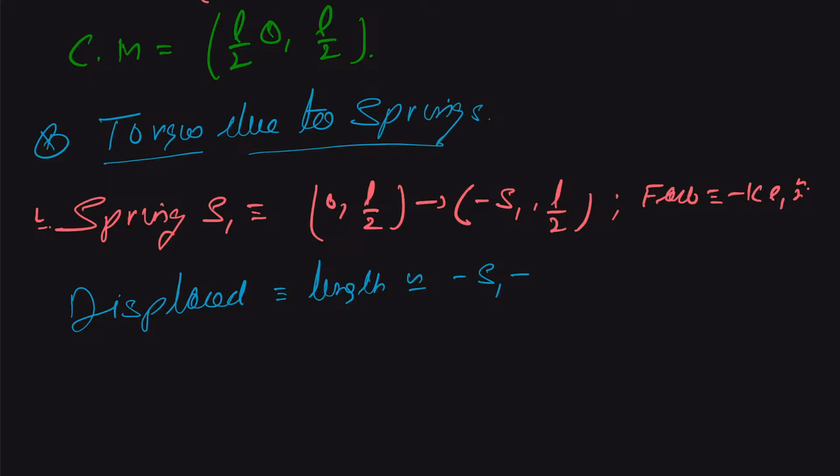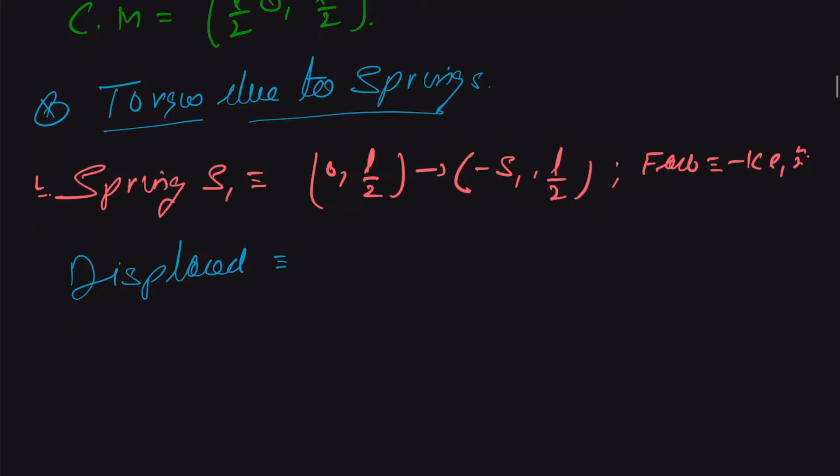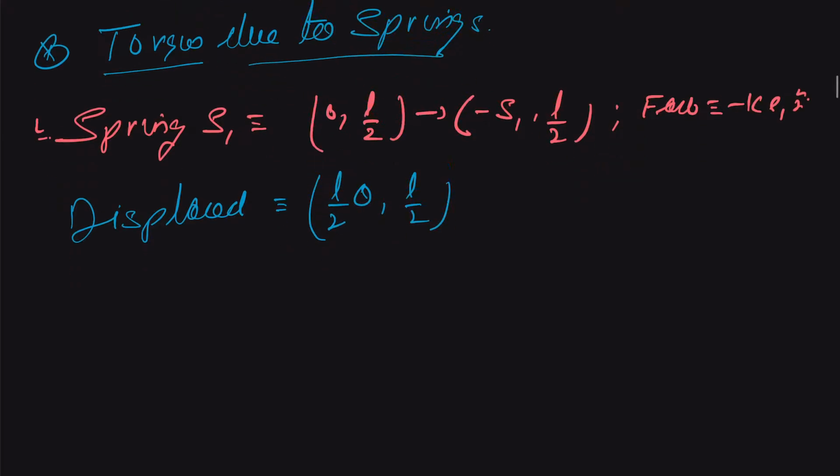One second, sorry, I missed one point here. The attachment will be with respect to the theta. So this comes as L by 2 theta and L by 2. Now we can easily find out the length.